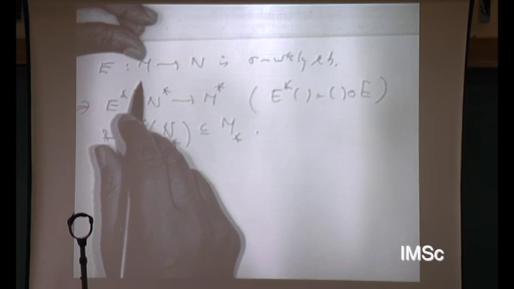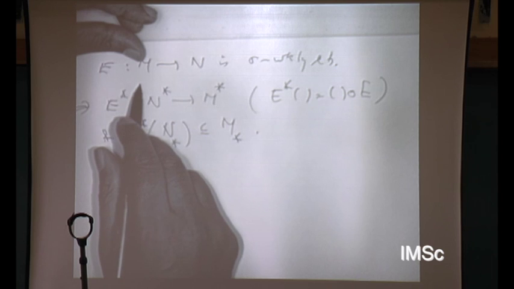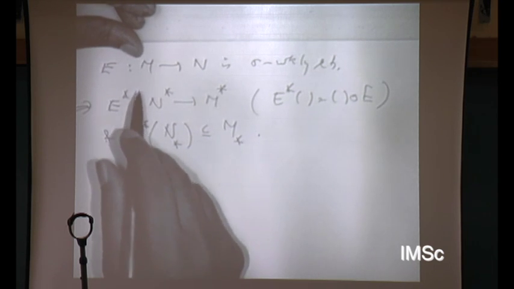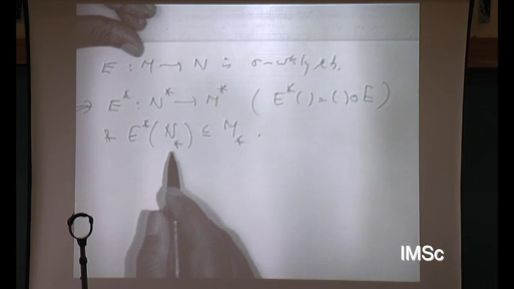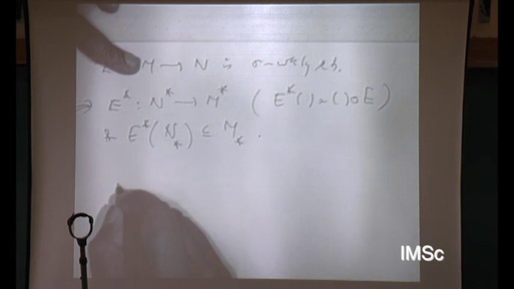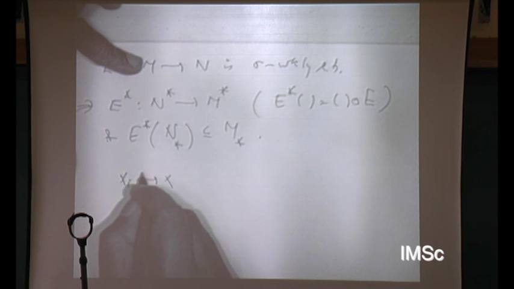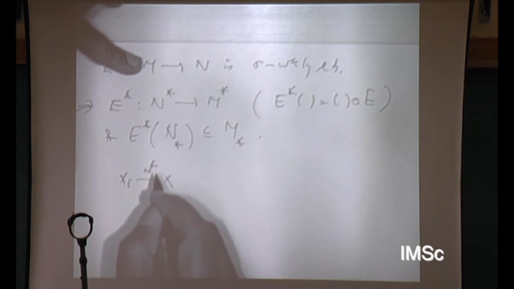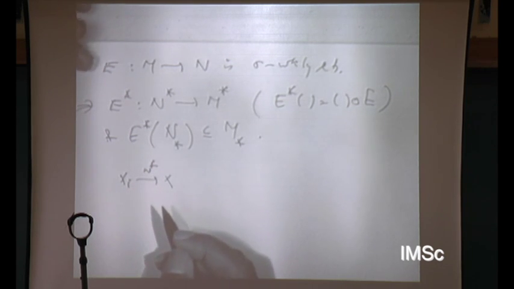Whenever you have something converging sigma weakly, that means against things in the predual. If I have a net xi in M converging to X weak star, what does that mean?